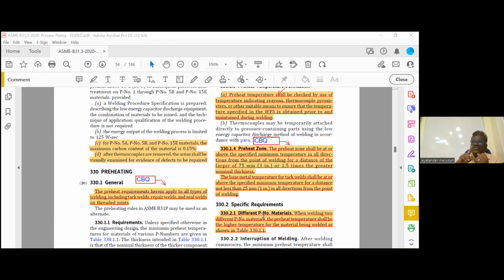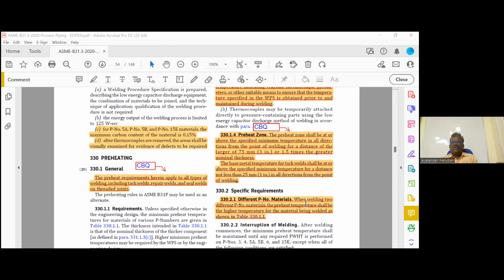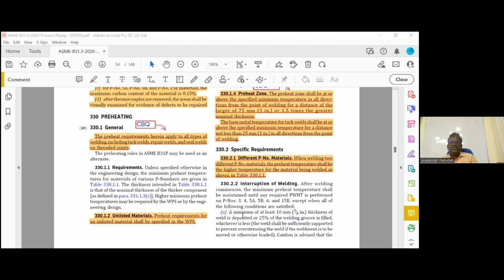So when you are using different thickness, only radiography uses thinner, preheating and PWHT use thicker. Different materials, preheat and PWHT, always the higher temperature you have to follow. Okay. So highlight this one. When welding two different P number materials, the preheat temperature shall be the higher temperature for the materials being welded. So higher temperature only we have to take.